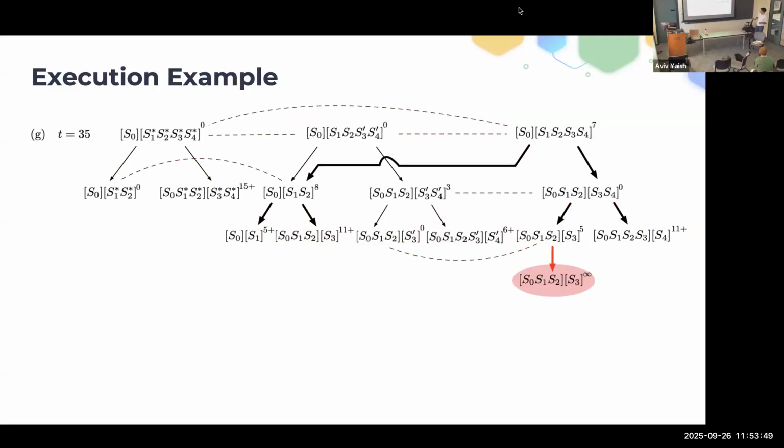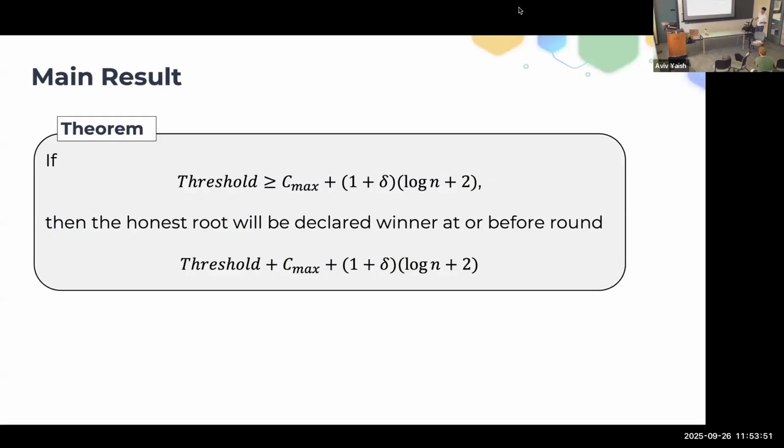Okay. I have a very thorough execution example, which I would have liked to go into, but I don't think I have time. Maybe I'll go into it after I talk about some more stuff. So what we prove in the paper is that if we set the confirmation threshold to be at least Cmax, which is the censorship budget, plus 1 plus delta times log n over 2, and I'll give intuition for what those numbers are, then the honest root will be declared winner.